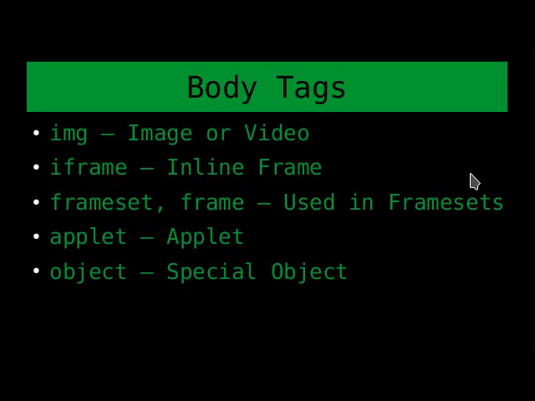And then we got a few other body tags to take a look into. An image tag, which you can use to put an image or even a video onto your page. Its attributes, you have alt, which is alternate text if the image cannot load. There's also an src, which is the source, the path to the image that will be loaded in.